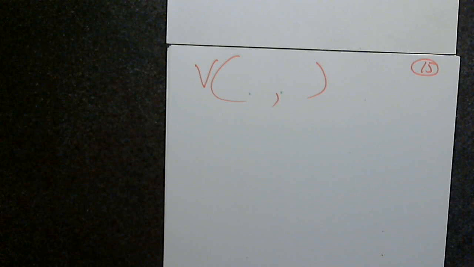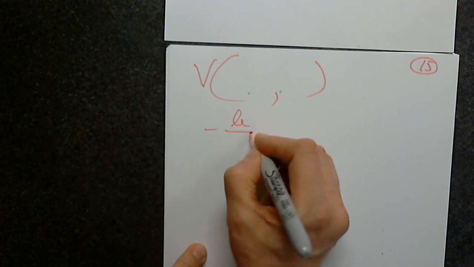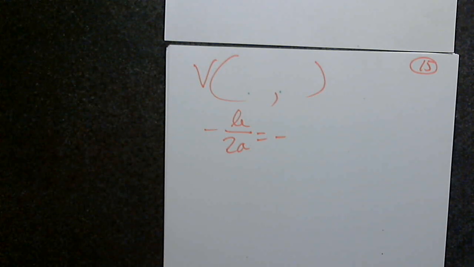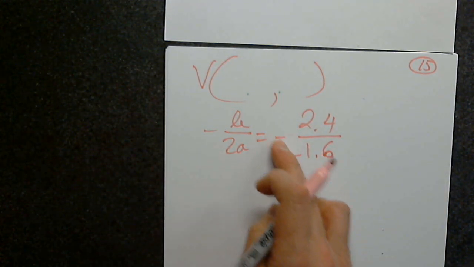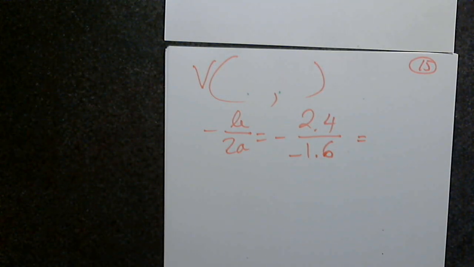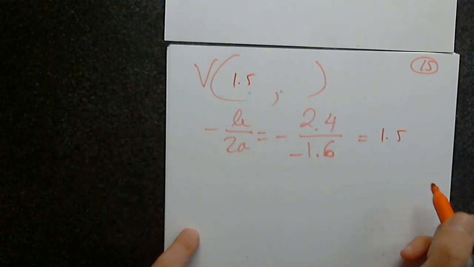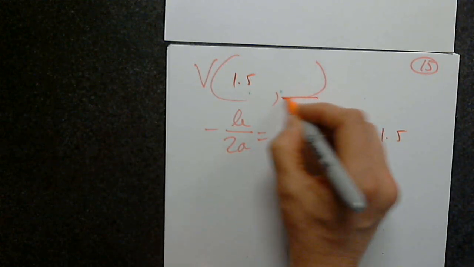How do I find the vertex? Negative b over 2a. Negative b, 2 times a. Negative 2.4 over negative 1.6. Two negatives. Of course, I cannot throw it up that way with a negative coefficient. Well, actually, for you, I will throw it this way. Okay, so whatever I get, what is it? Good. How do I determine the maximum height?